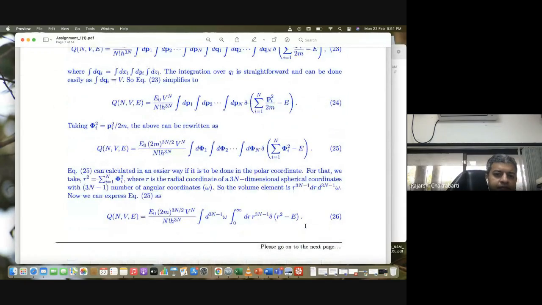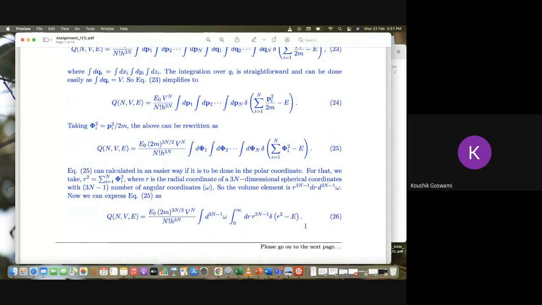Yes. So it is a similar form. Here it is p square by twice m, and there is another term. But we consider this summation over p_i square plus this potential energy as phi of r_i, and the r square.